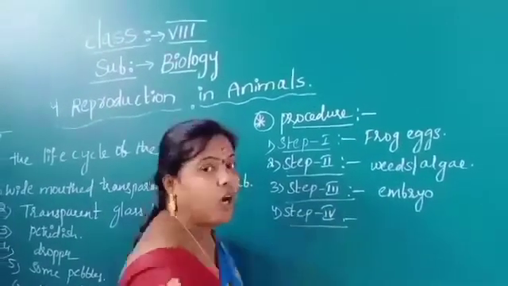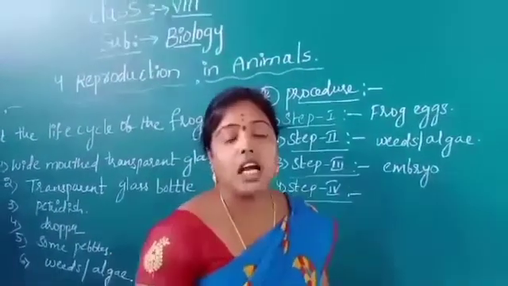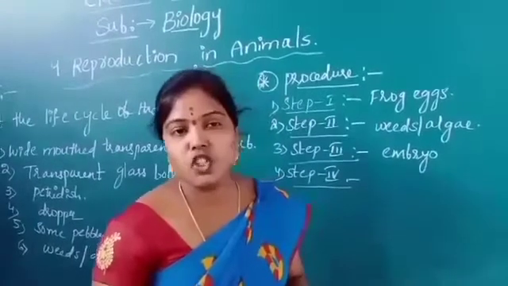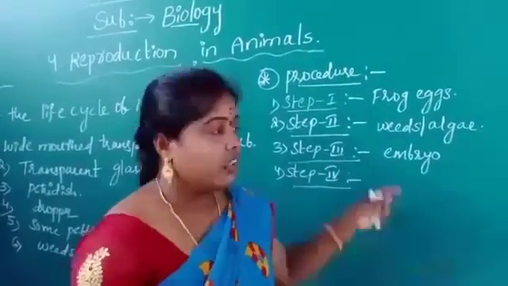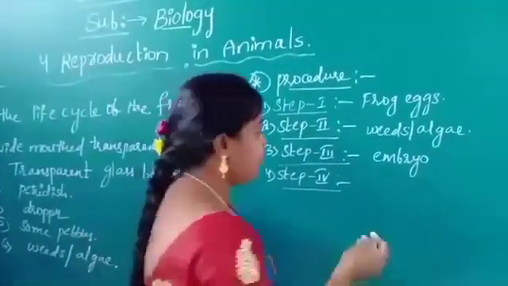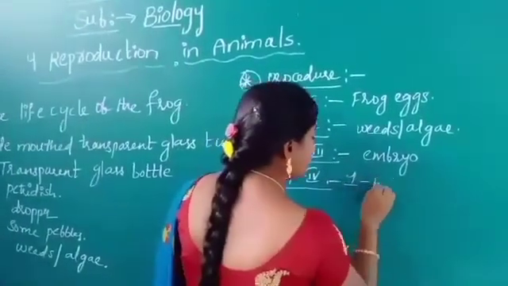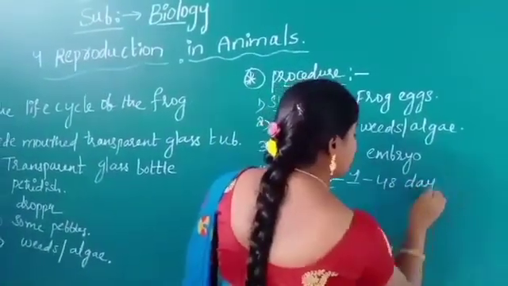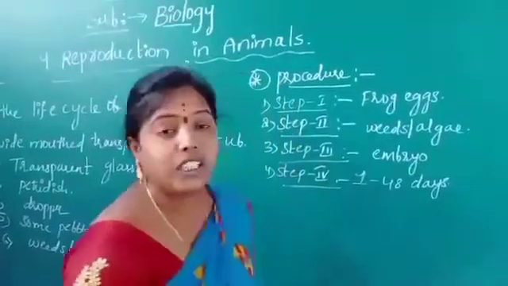Next, step 4. Children, daily you have to observe the water in the tub and observe the changes in the life cycle of the frog. You do this activity from the first day up to 48 days.